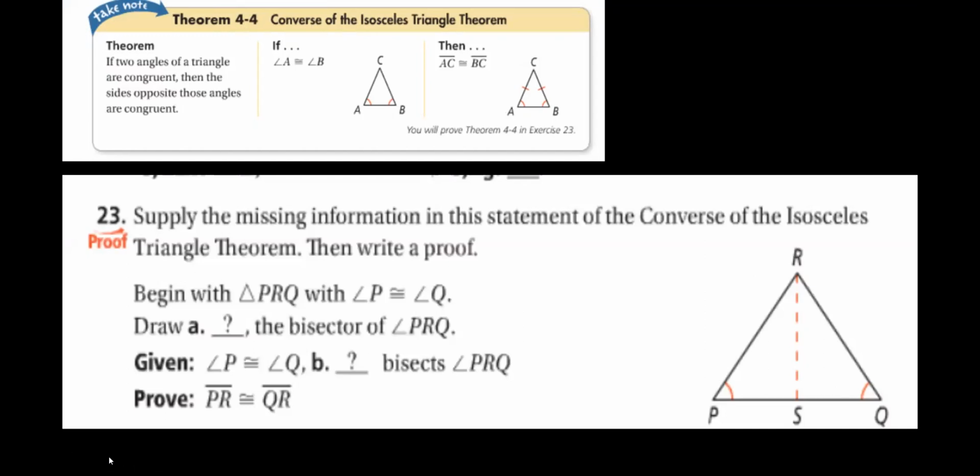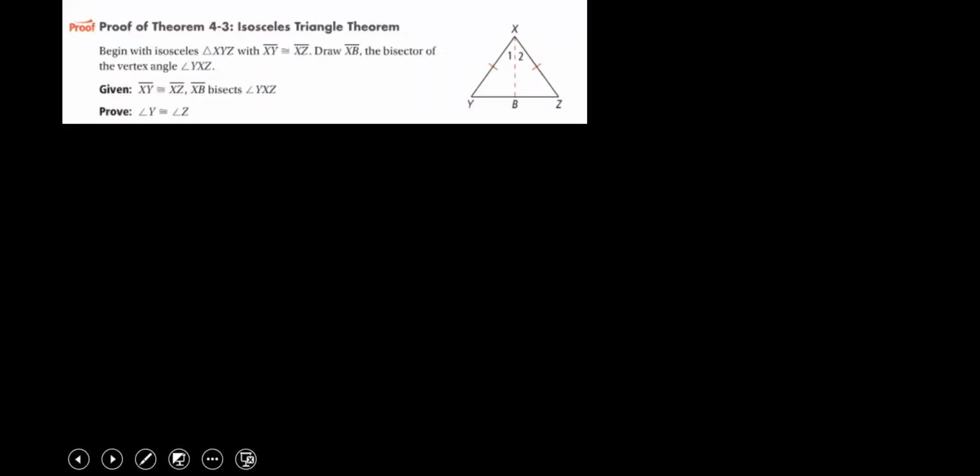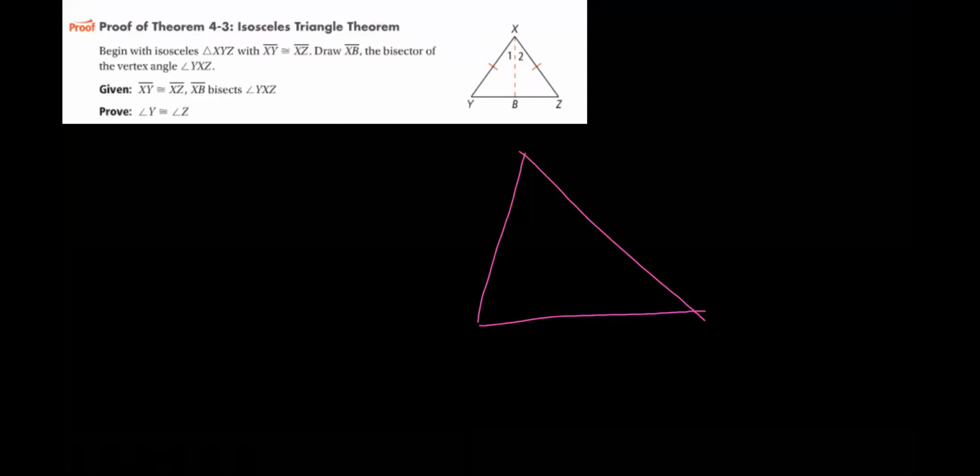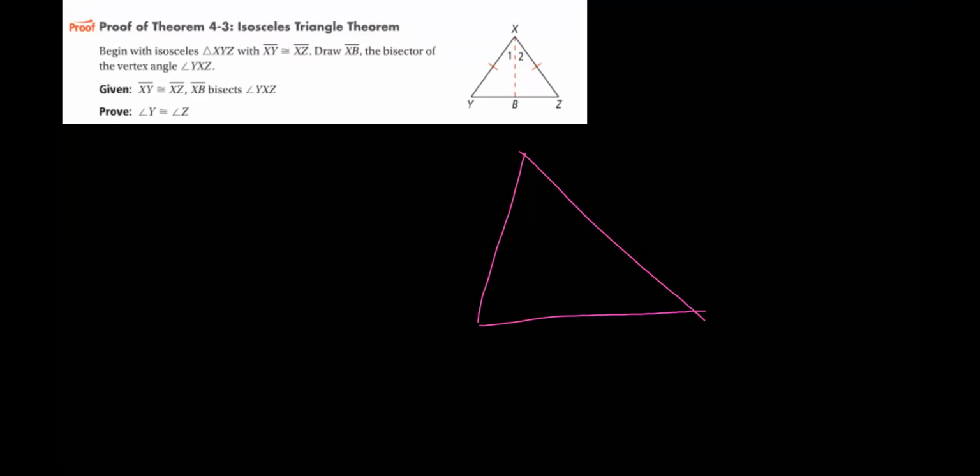And in this converse we say that if we have a triangle, in the first theorem, we said if this side is congruent with this right side, with these yellow angles, if these two sides are congruent, so the angles are congruent too.